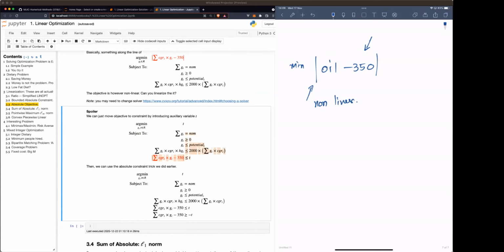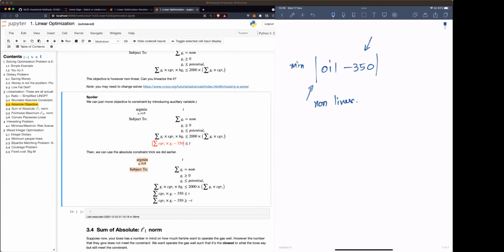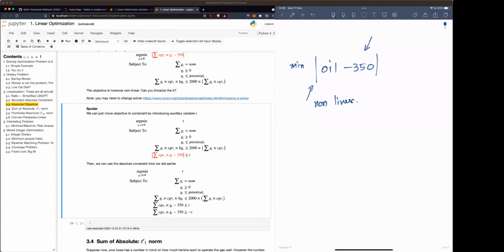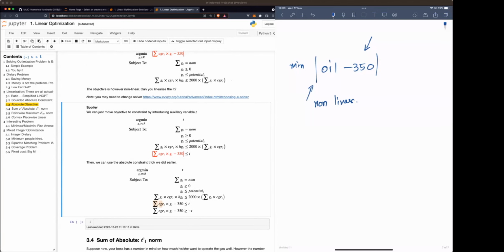Once your absolute is in the objective, you can use exactly the same trick as you did before, such that this is less than or equal to t and greater than or equal to minus t. We want to produce as close as possible to 350.